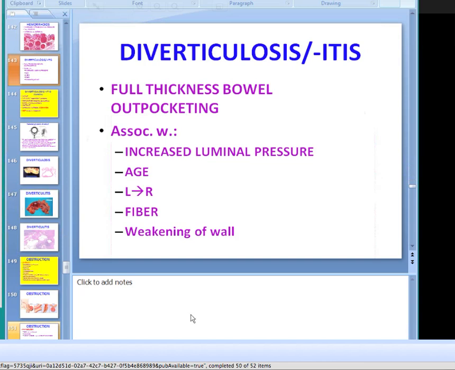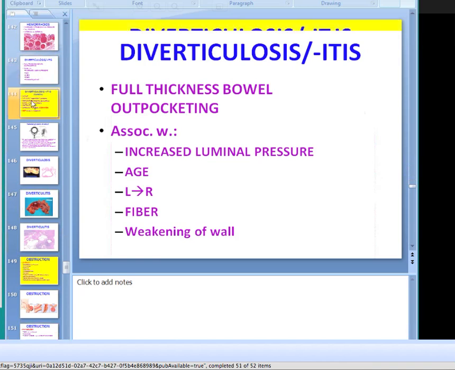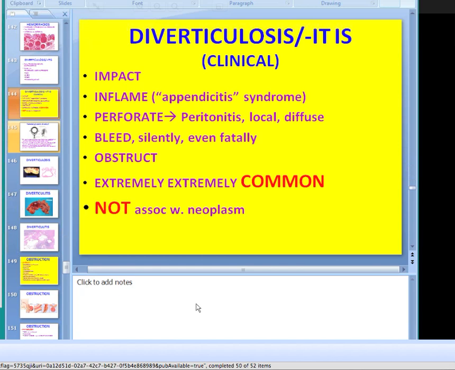Very often, clinically, with an older patient with abdominal pain, fever, and tenderness, the basic diagnosis is diverticulitis versus cancer because older people just generally don't get appendicitis that much.